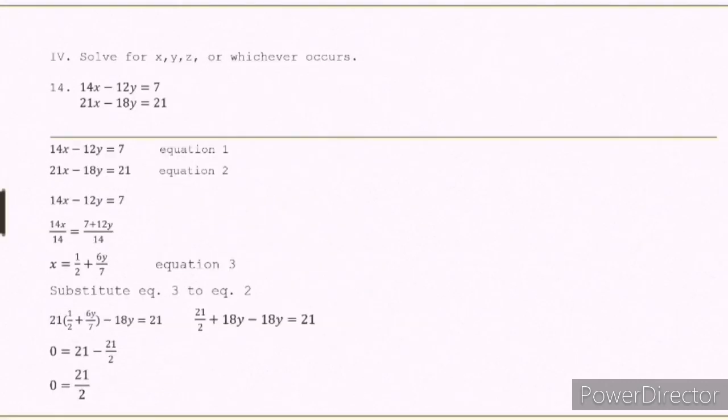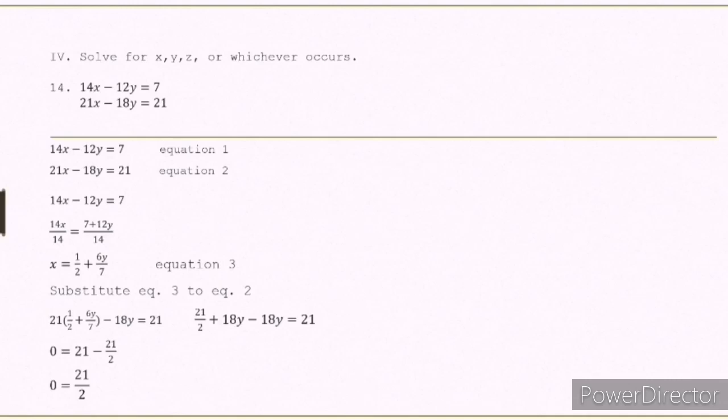Number 14. Solve for x and y. Our equation 1 is 14x minus 12y equals 7. And our equation 2 is 21x minus 18y equals 21.